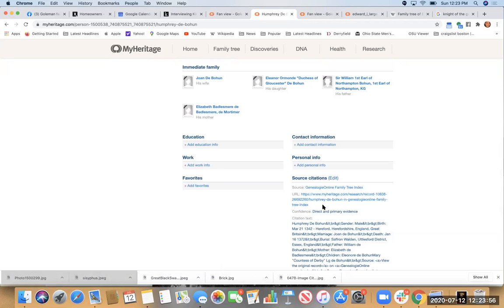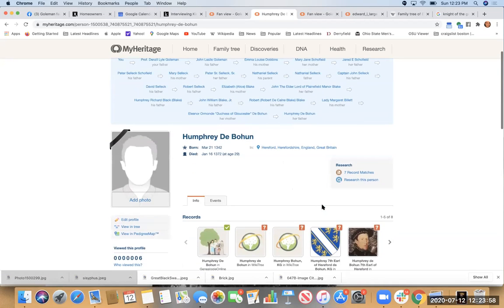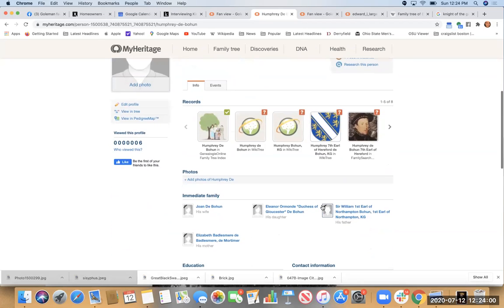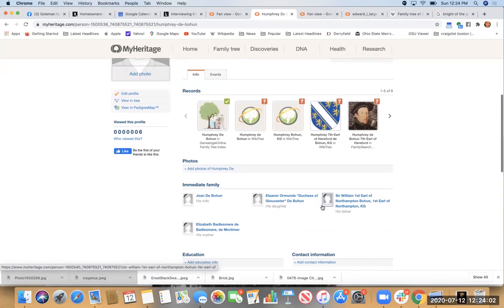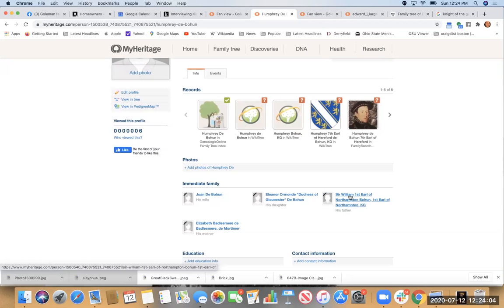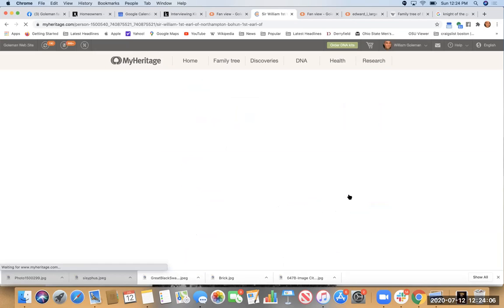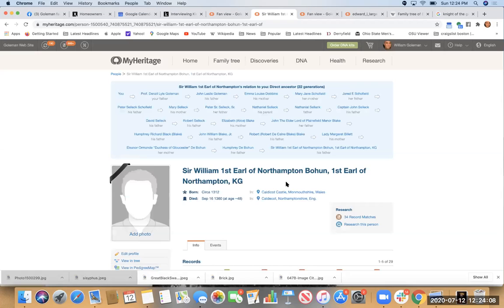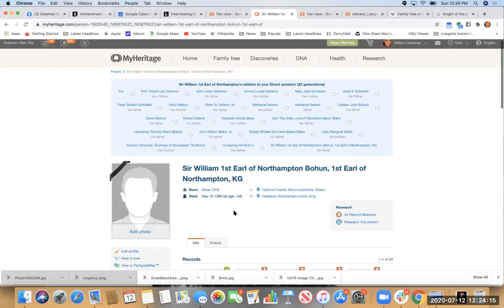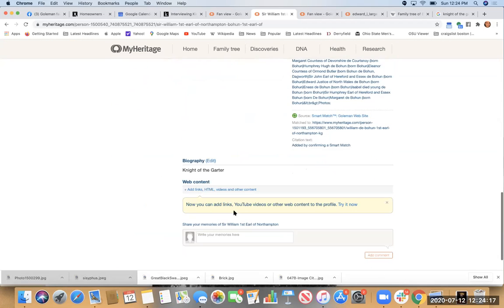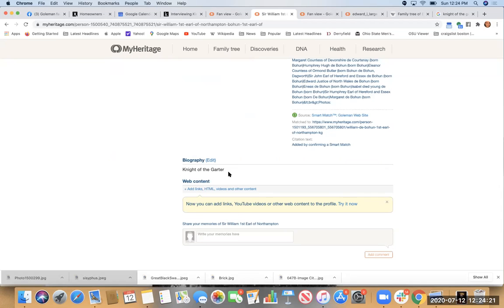Now that was interesting. That was the first time I had seen that in somebody's title. Was that her father? Yes. Her father was Sir William. He was also knighted, of Northampton Bond, 1st Earl of Northampton, KG. And KG refers to, down here, Knight of the Garter.